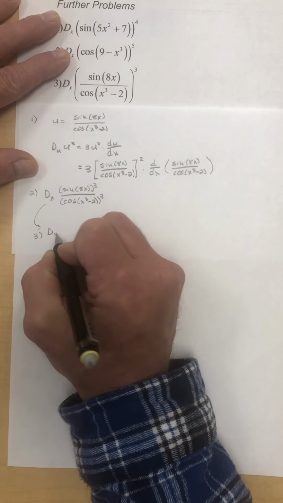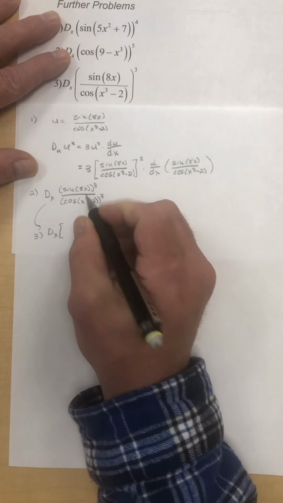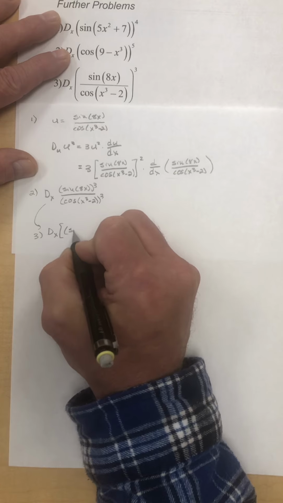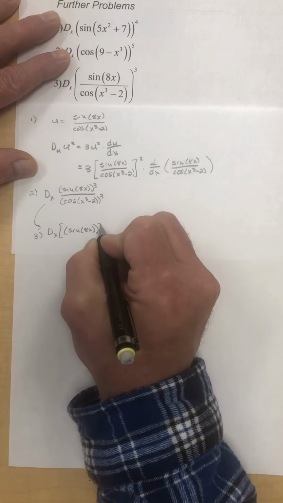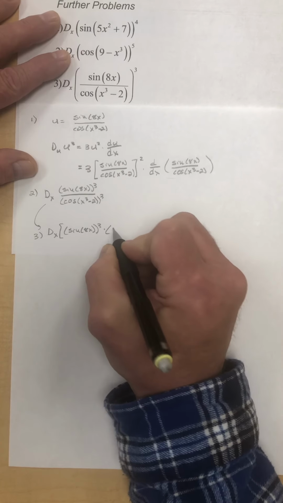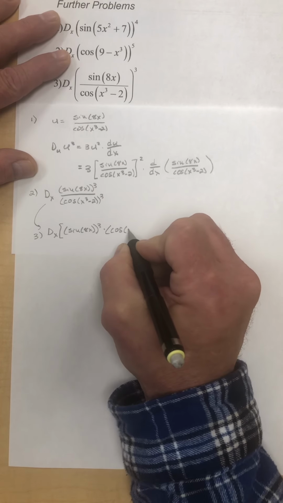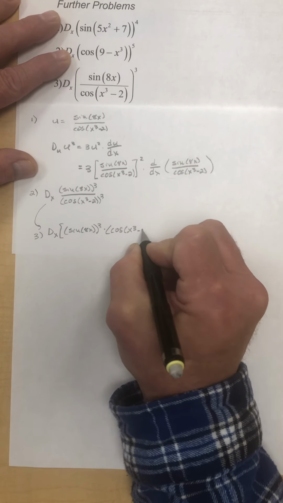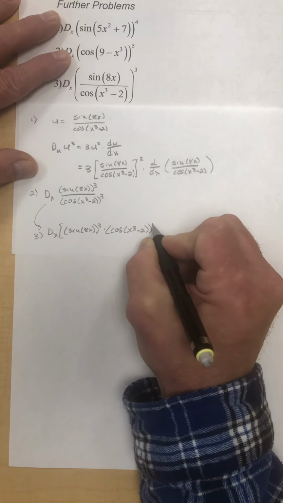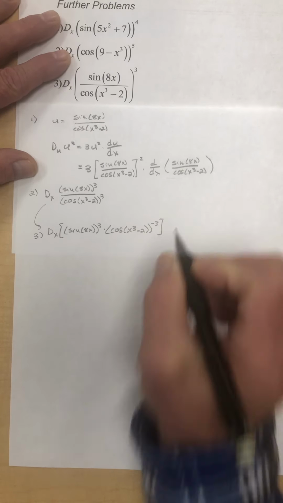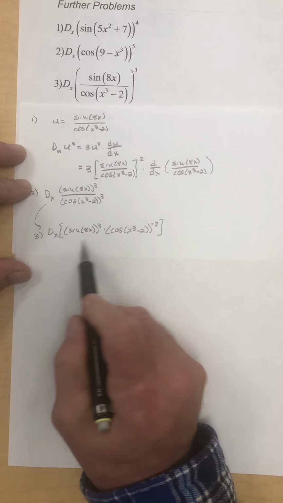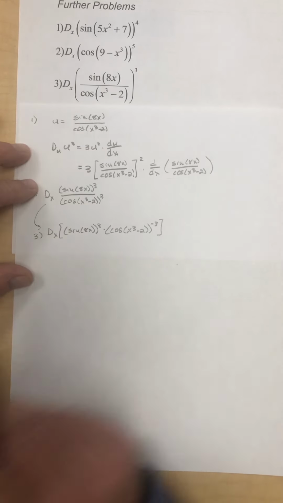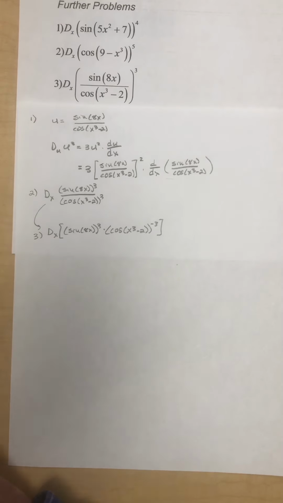So I could do this, where I'd have the numerator, sine of 8x to the third power times the cosine of x cubed minus 2 to the negative third power. And then rather than using the quotient rule, you could use the product rule here, and obviously you're still going to have to involve the chain rule.